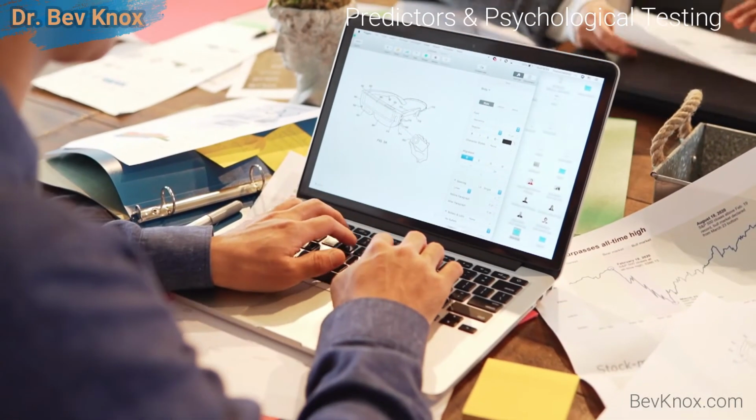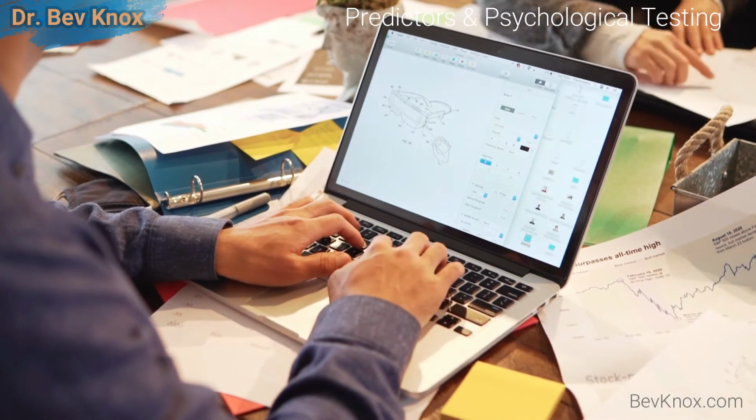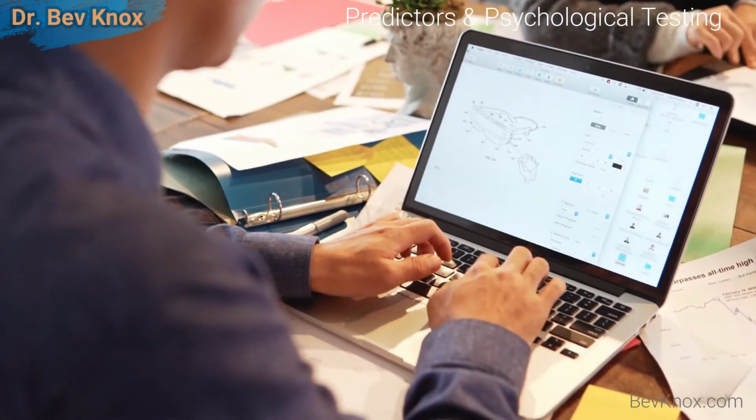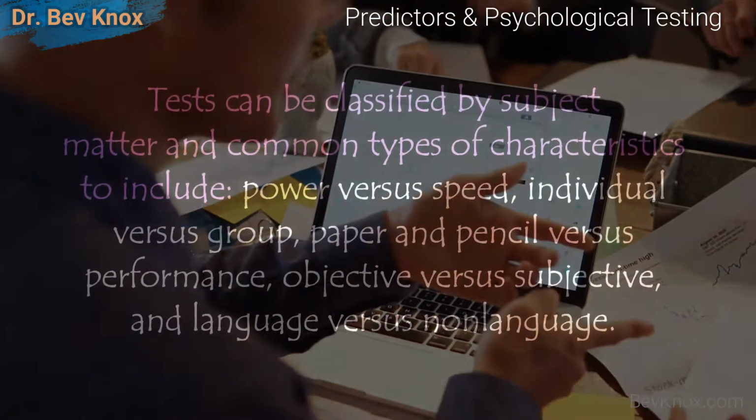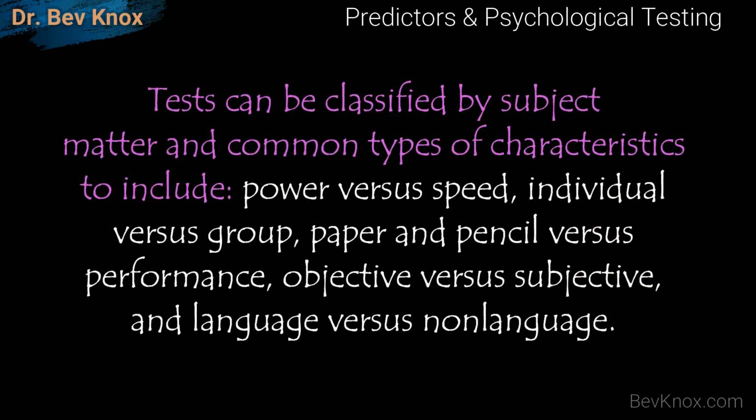The decision about which test to use depends on a variety of factors. To help with such decisions, tests can be classified not only by subject matter, but according to other characteristics as well.